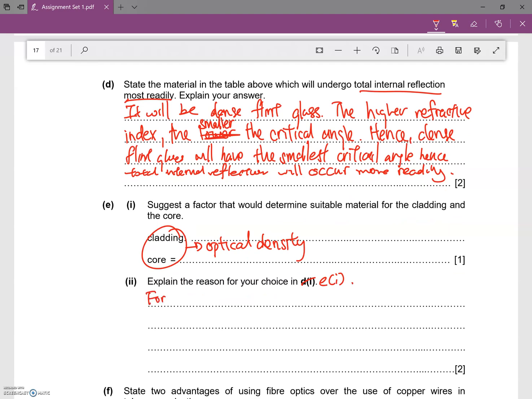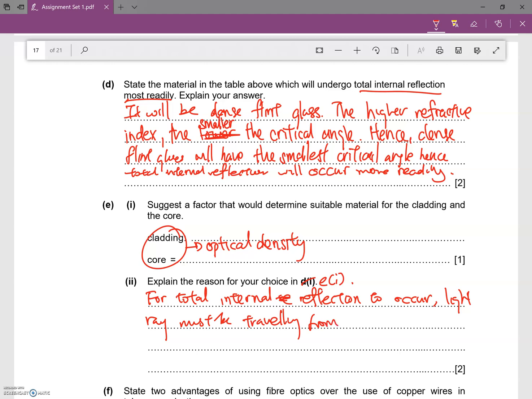For total internal reflection to occur, the light ray must be traveling from an optically denser medium to an optically less dense medium.